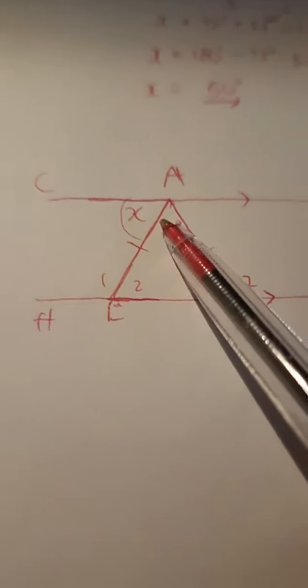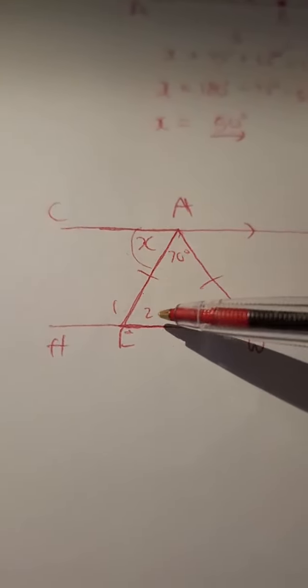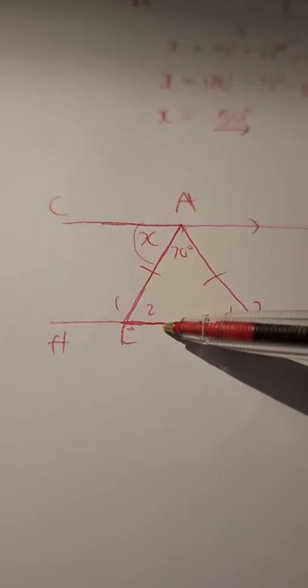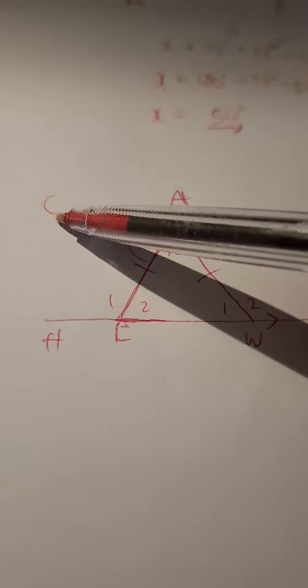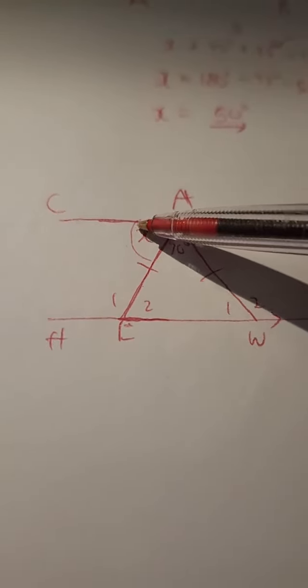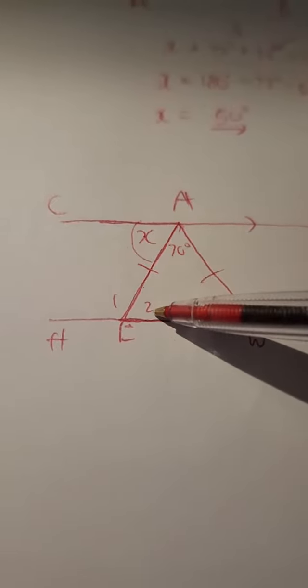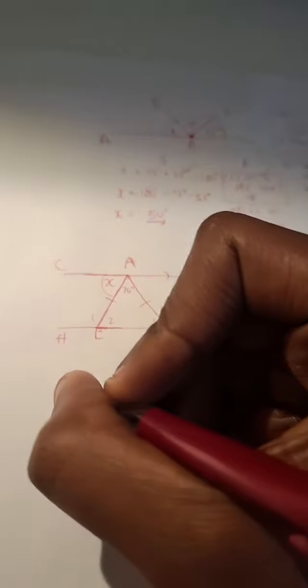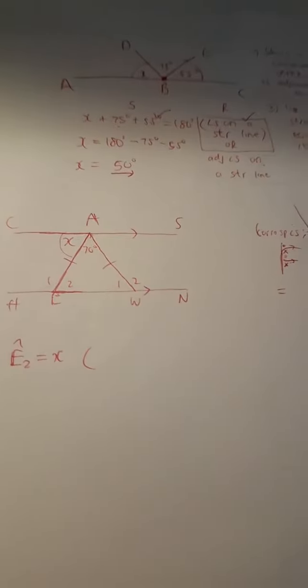So we're coming back here now. If you look at this, we are asked the question, why is angle E2 also equal to X? Remember, we were told that angle CAE, meaning this angle, is also X. Now we are being asked, why is angle E2 equal to X? What is the reason?